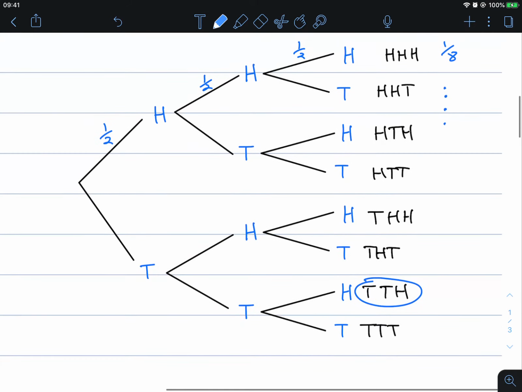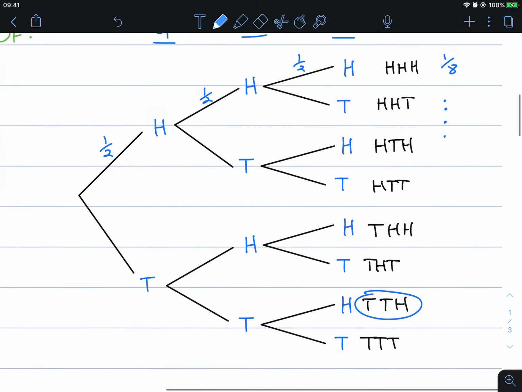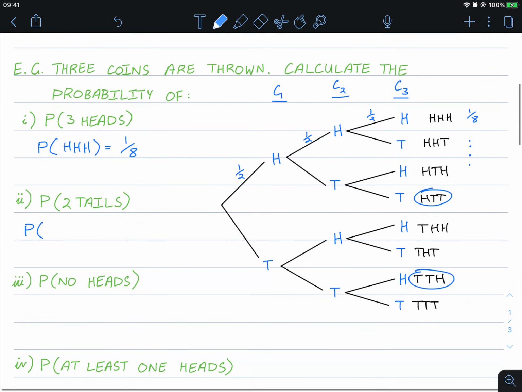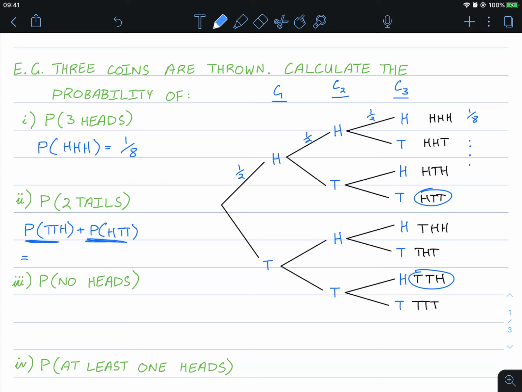And the other 2 tails, is there another one here? Tails, oh, there it is. Heads, tails, tails. That's also 1 in 8. So that's probability of tails, tails, heads, plus the probability of heads, tails, tails. 1 in 8 plus 1 in 8. That gives us 2 in 8.